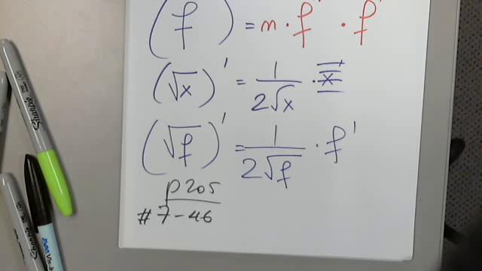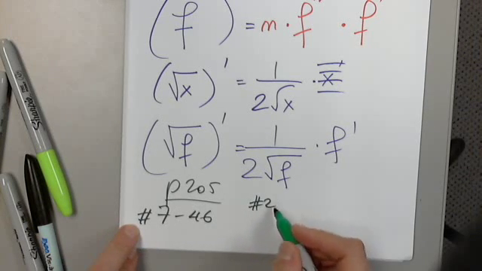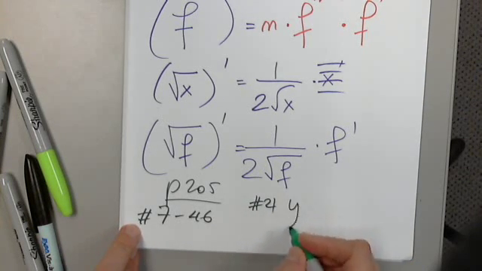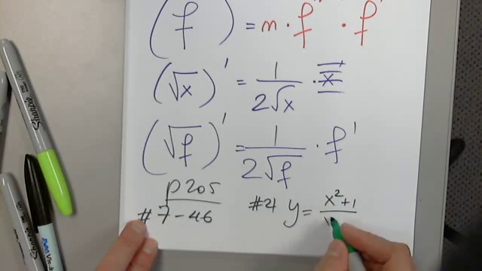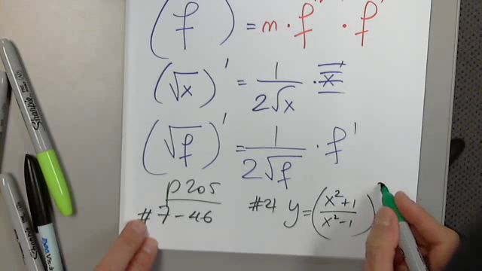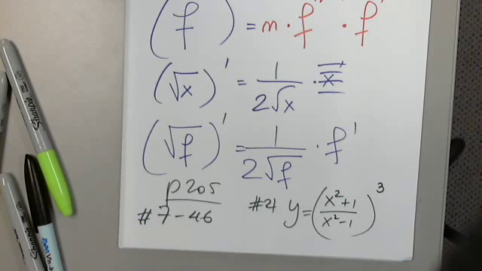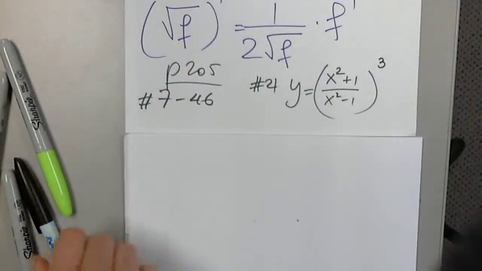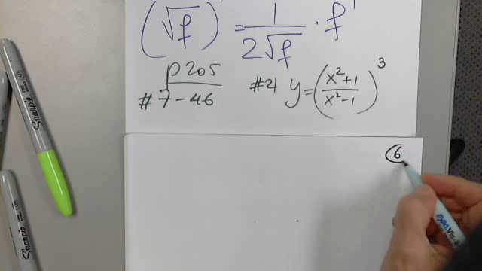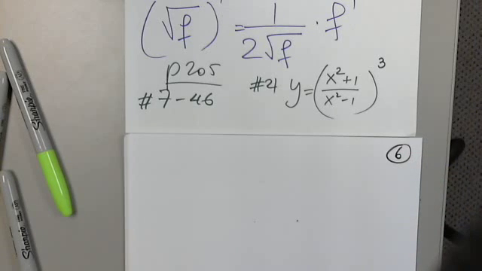21. 21. I was just looking at it. That's awesome. In 21, we have y equals x squared plus 1 over x squared minus 1, and everything to the 3rd power. Starting from now, moving forward, we have to introduce a definition, I should say, or a notation that we looked at, but we haven't used it yet.